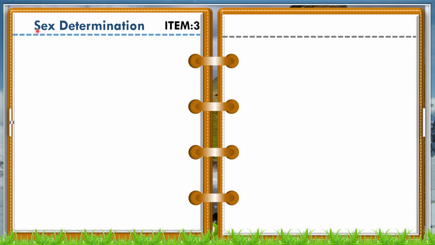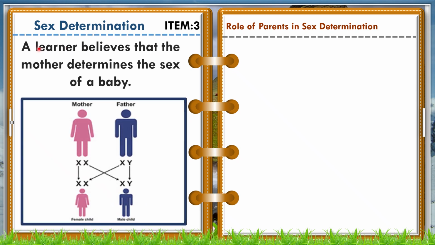Item 3, still on sex determination. We are looking at the role of parents in sex determination. Alana believes that the mother determines the sex of a baby.